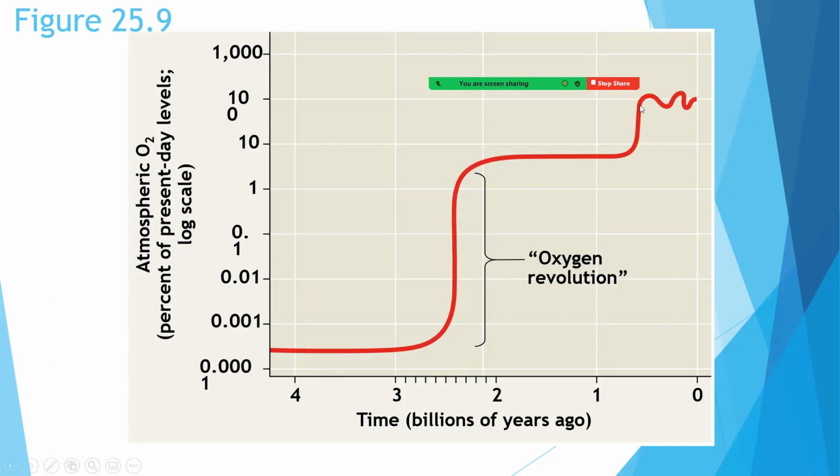That continued to increase and then leveled off at the present day levels of oxygen found in the environment. This is a log scale over here, but in percentages, we're looking at about 21% oxygen in our current atmosphere.